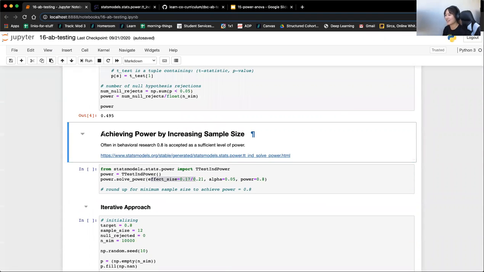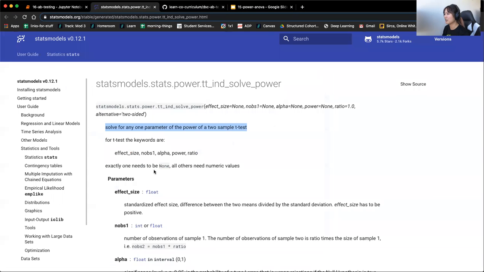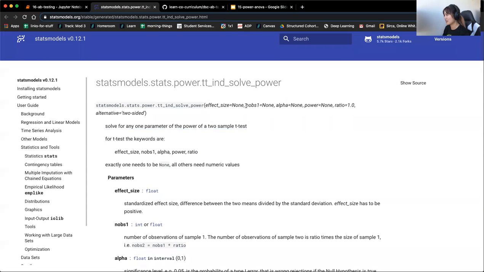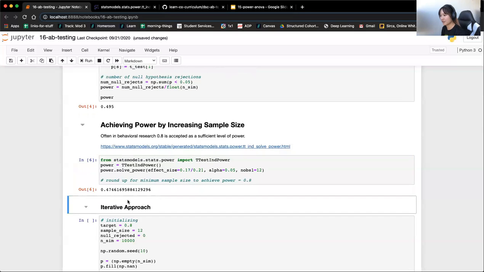Actually, let's first solve for power. So let's do sample size, and let me check what this is. I think it's nobs1, equals 12, and this should solve power and give us 495.